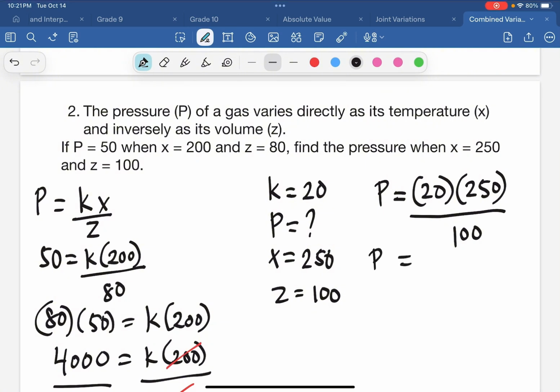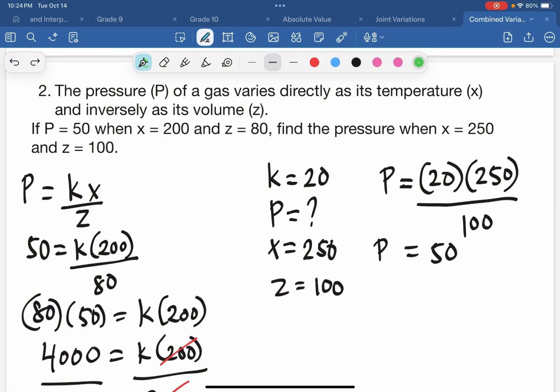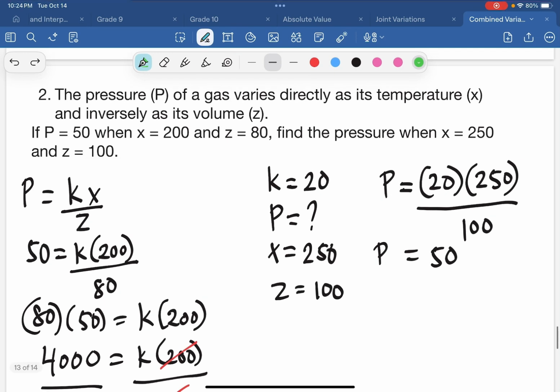You may have your calculator, so you could just input these numbers directly. So 20 times 250 divided by 100. So the answer is 50. But since we don't have a specific unit for the pressure, we could just say P is equal to 50 units. So this would be our answer.